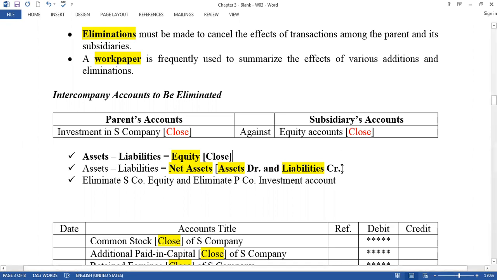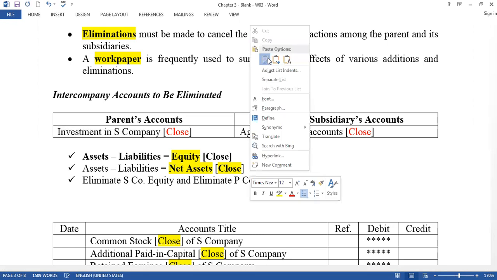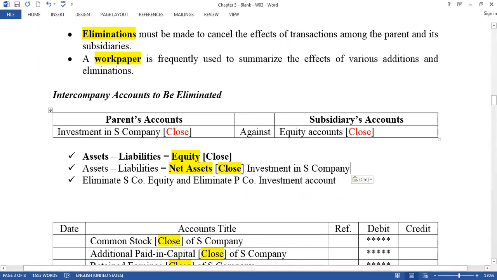As we already record assets and liabilities, we don't need to record net asset, so we have to close it. Here net asset means investment in subsidiary company, and we are going to close equity of subsidiary company.